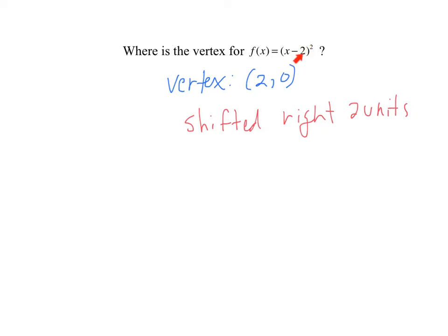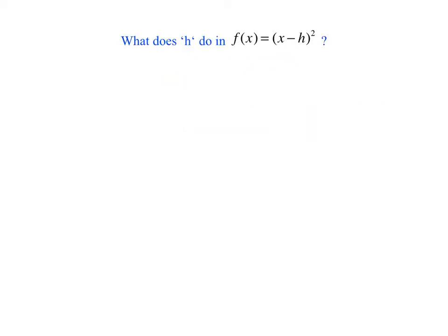So I think we're getting pretty familiar that this value here is telling us that we're taking the vertex from 0, 0 and moving it over, in this case, to the right. So in other words, the h value in the equation shifts the graph either left or right.